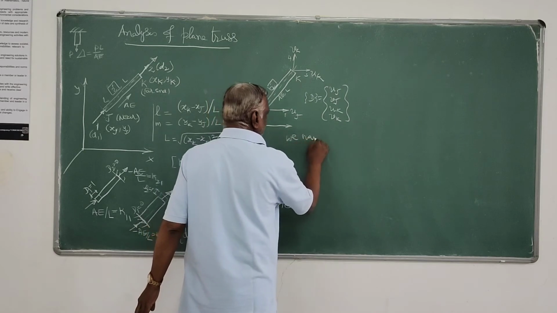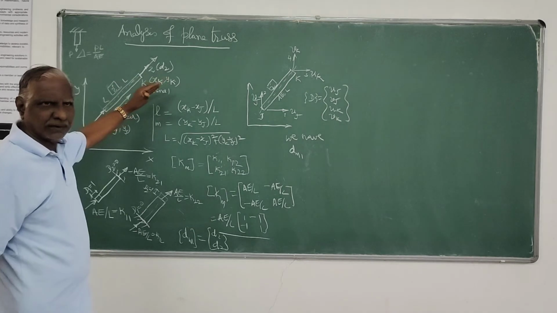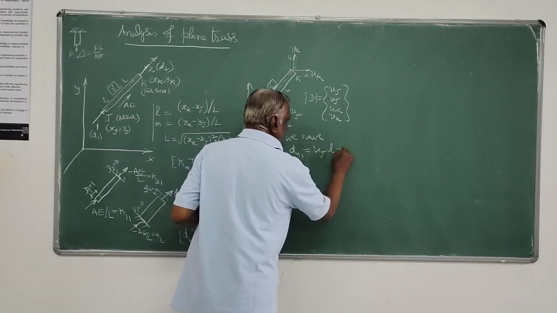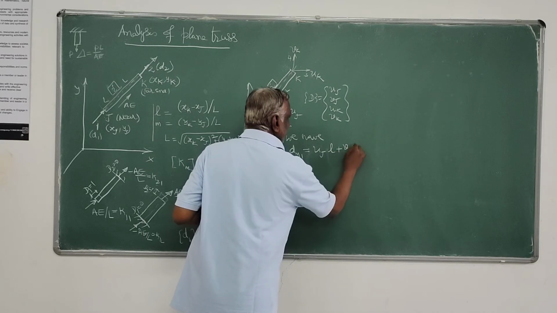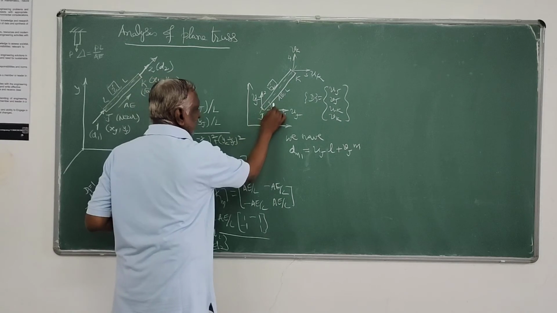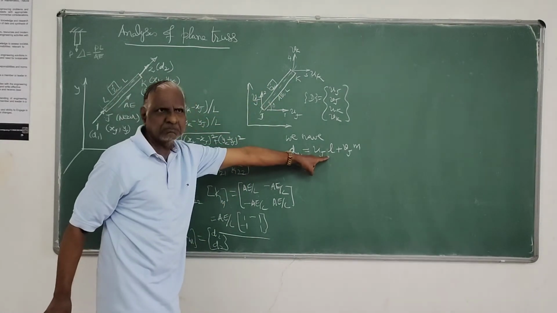So we have this dm1, I can write it as uj l plus vj m. Check, because this is theta. If I take cosine theta, it is your l.